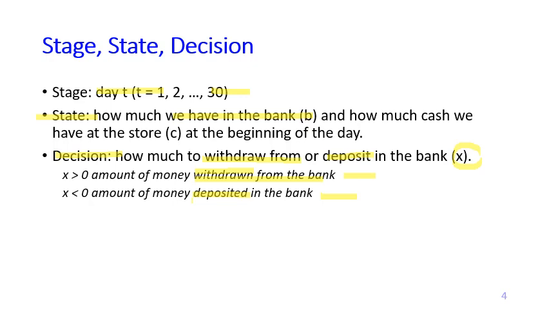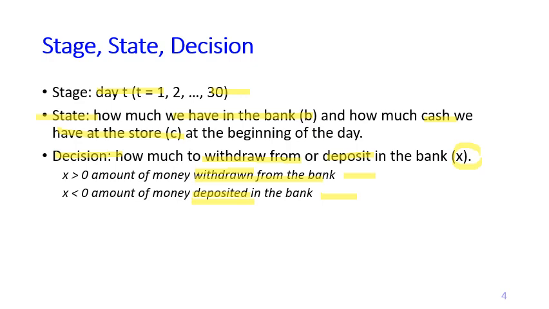Similarly, when you want to decide how much to deposit in the bank, you need to know how much cash you have on hand, or in this case, how much cash we have at the store at the beginning of the day. Let's say you only have $500. Of course, you can at most deposit $500. You cannot deposit $1,000 because the money that you have on hand is only $500.